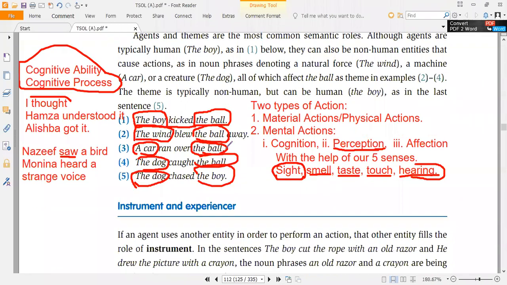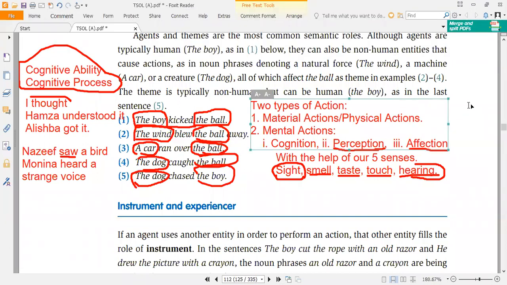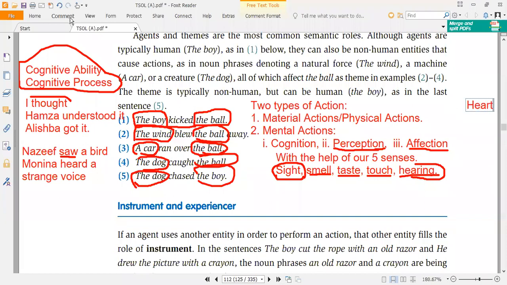And finally, we have got affection. Affection means all those actions which we associate with, you may say, that stupid piece of flesh in our body, heart. I'm sorry.